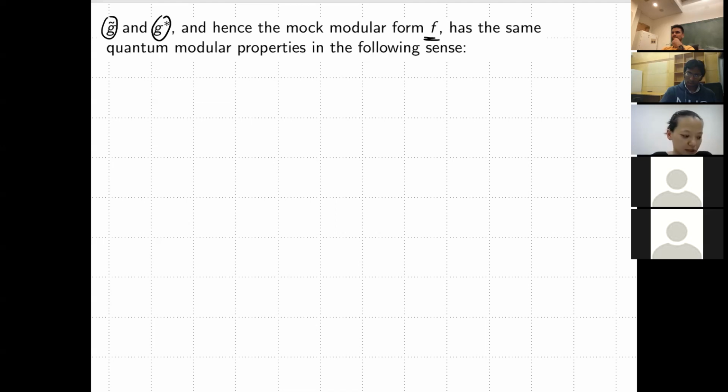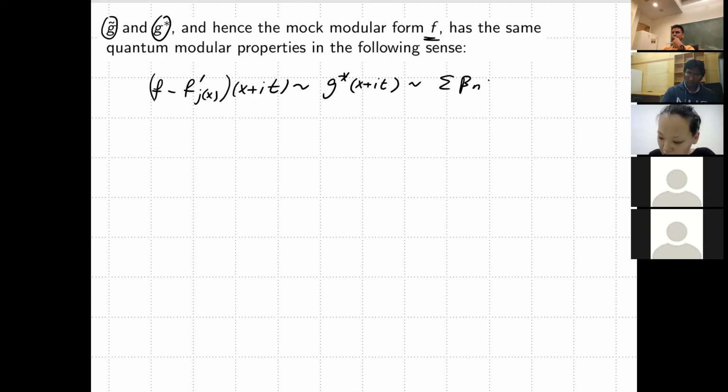To be more precise, let me just repeat it again. This is the same as this, the same limit, and goes like this.